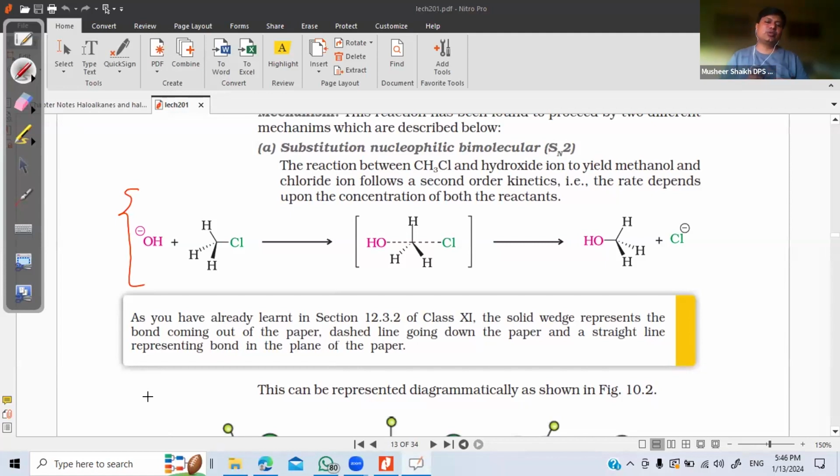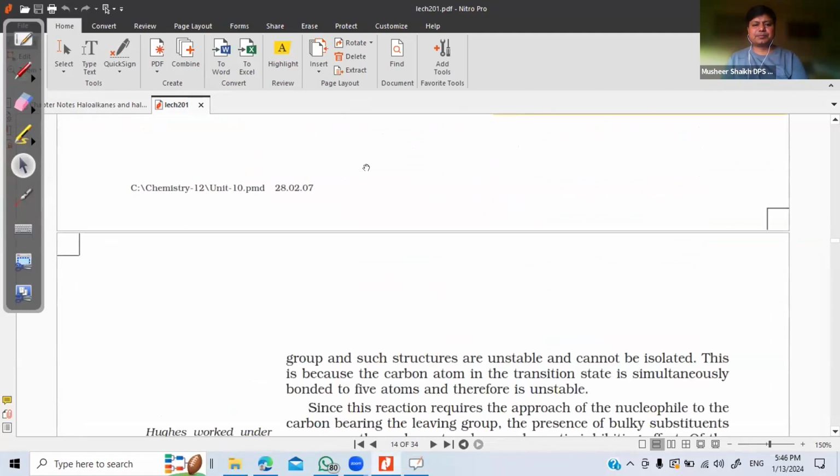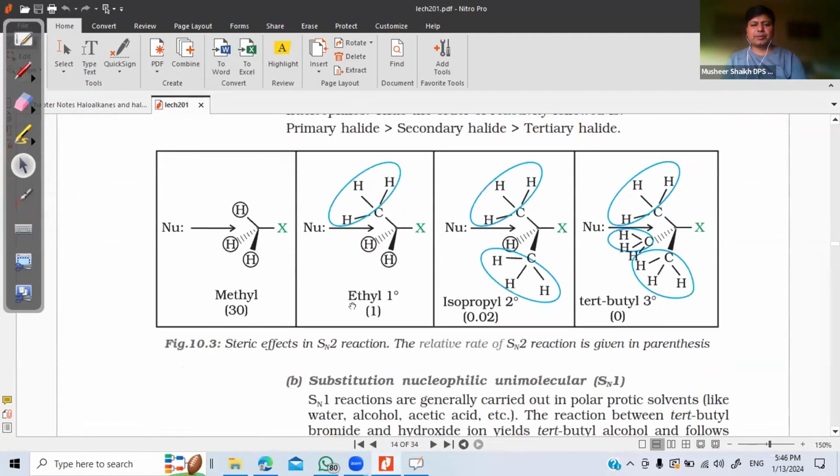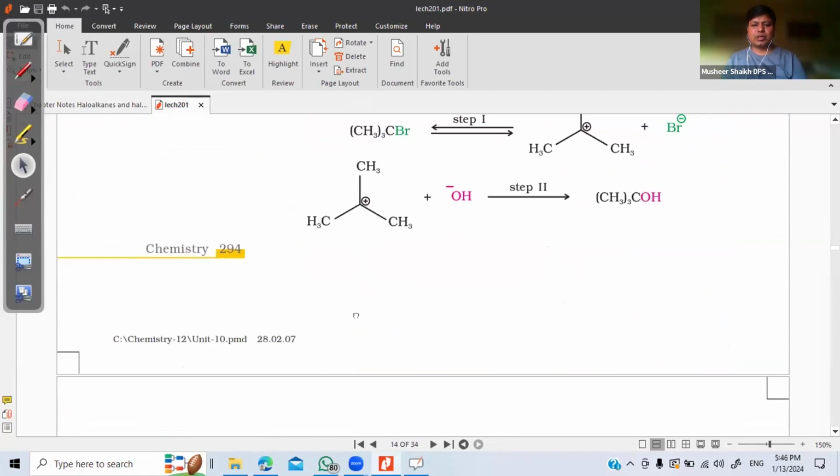In board exams, the SN1 and SN2 mechanisms are asked, and the difference between SN1 and SN2 is asked. You must do this topic for your board exams. It's a simple mechanism, go through it, you have to understand it.